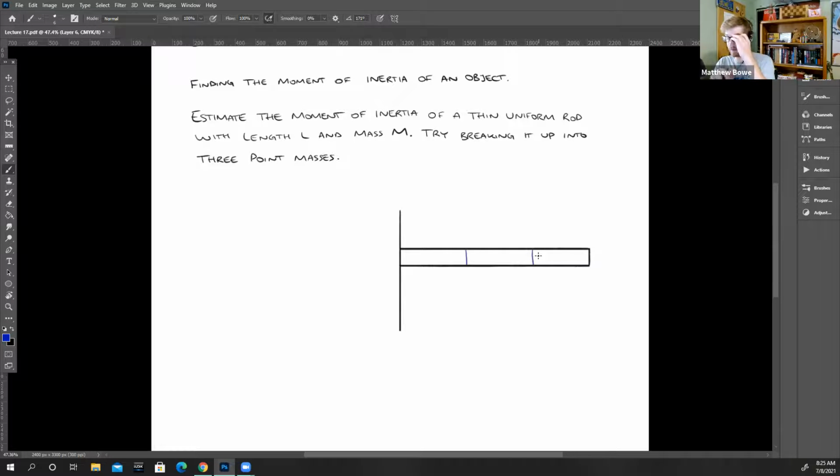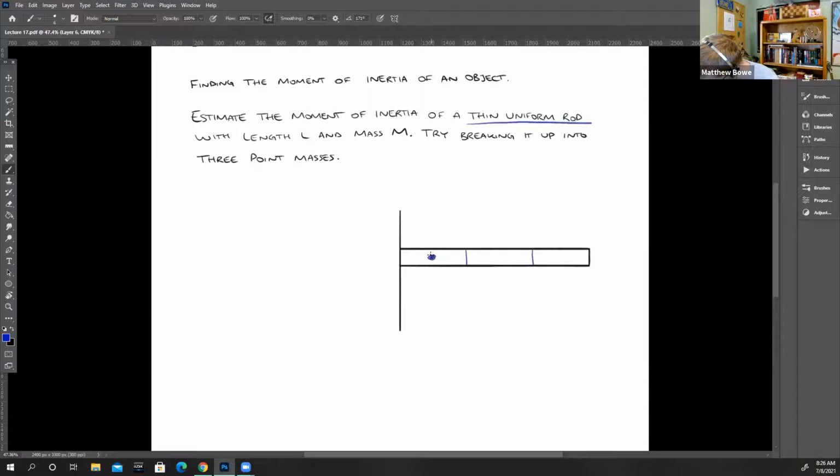I'm going to take each of these segments, and take all of the mass that's in this section. Imagine I squish it all down into one single point mass. That'll be right where the center of mass is, right in the middle. The problem also clarifies thin, uniform density. Things with uniform density typically have the center of mass in the middle.